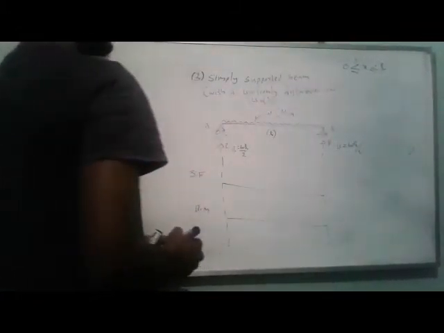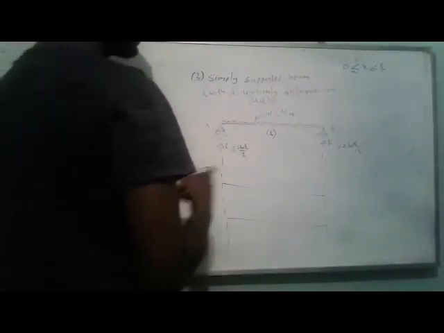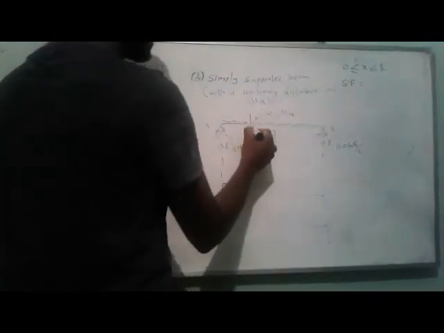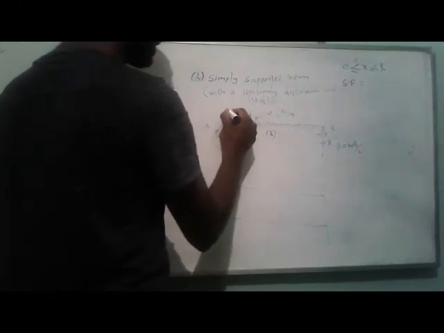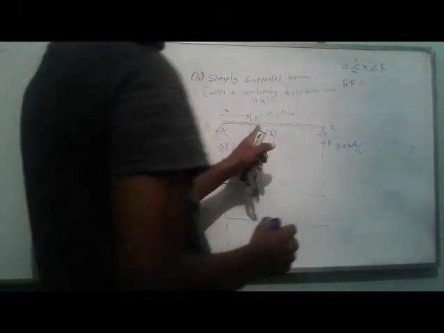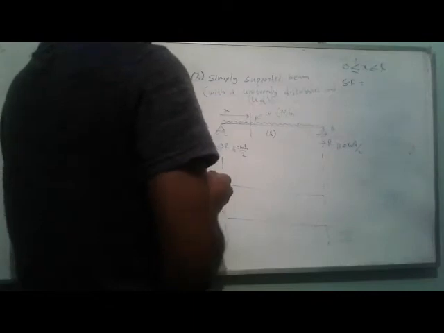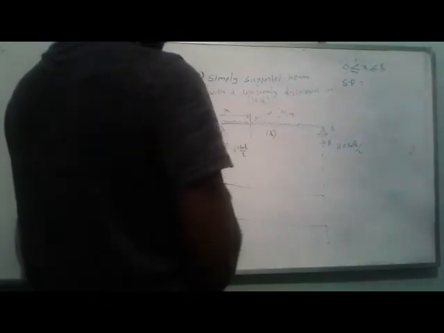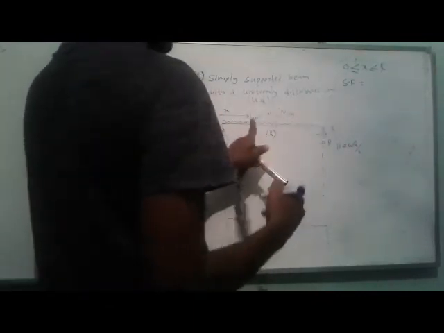So let's consider x greater than or equal to 0 and less than or equal to L. For the shear force, you consider x from here, cut the beam at this point and put your finger here.